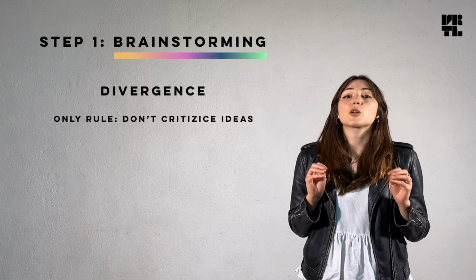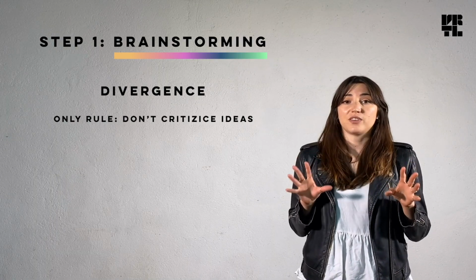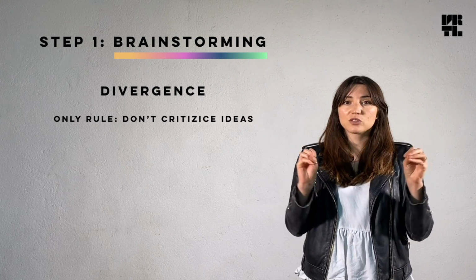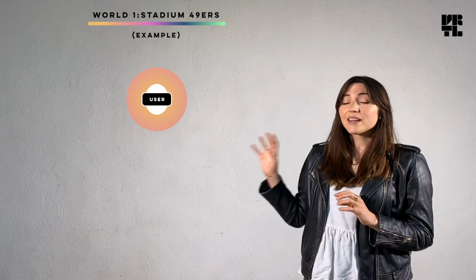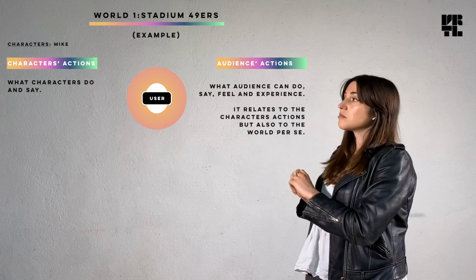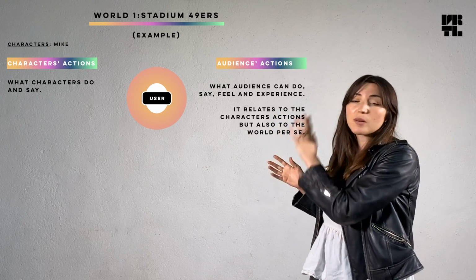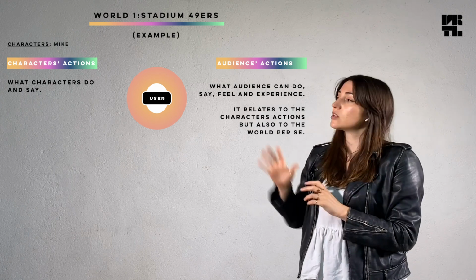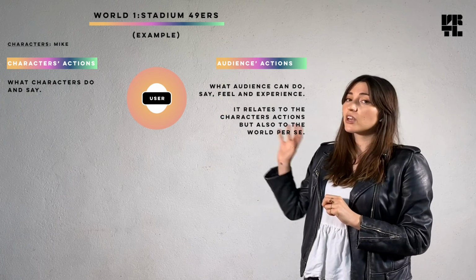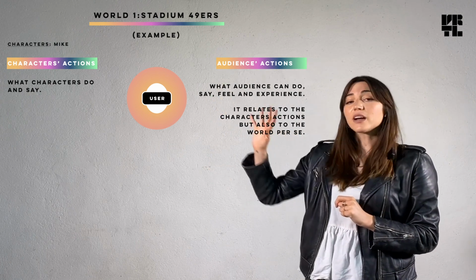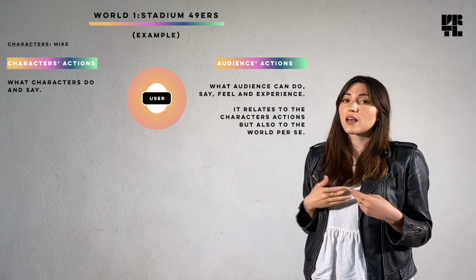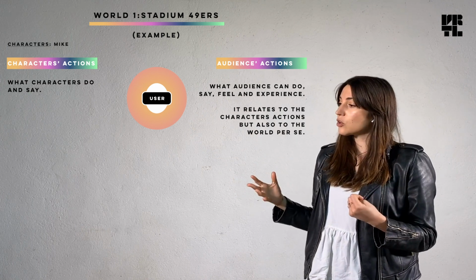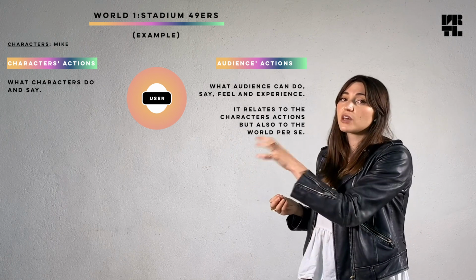Right now, we're going to start a brainstorming session. The first part of it is divergence, which means that we need to let all of our ideas out. We're going to take the first wall, which is the smallest one, and next to it we're going to stick, maybe a little post-it or whatever, where we can write characters' actions on one side and audience actions on the other side. For characters' actions, we're going to start writing down all the actions that our actors could potentially perform in that wall.